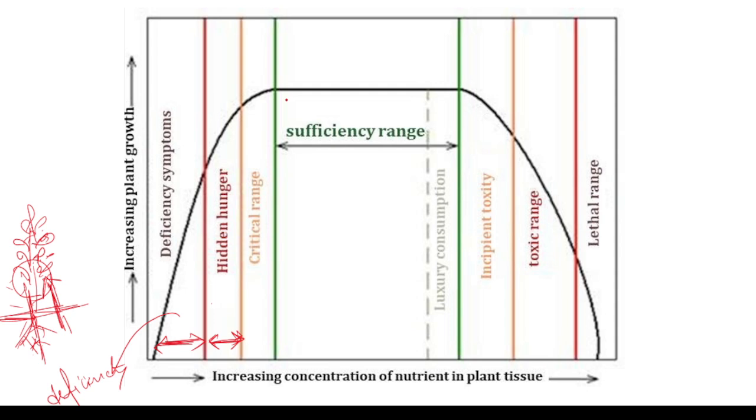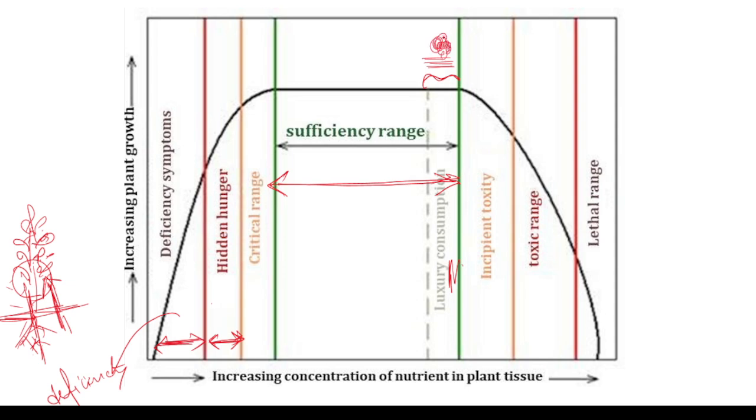Above this critical range, we have the sufficiency range. That means from this range to this range, all the nutrient is available in a sufficient, optimum quantity. And beyond this sufficiency range, we call it luxury consumption. Luxury consumption means the plant doesn't improve its growth in this condition, but it accumulates the nutrient.